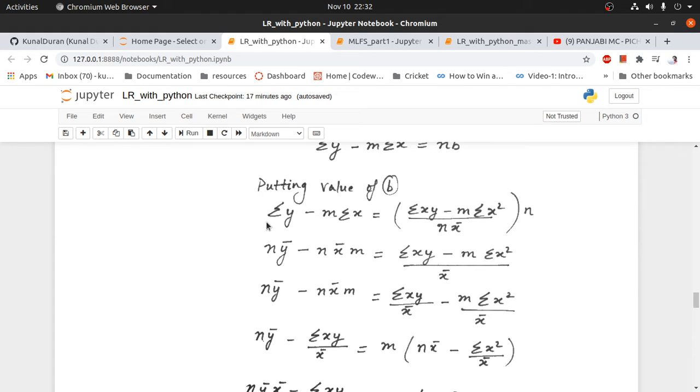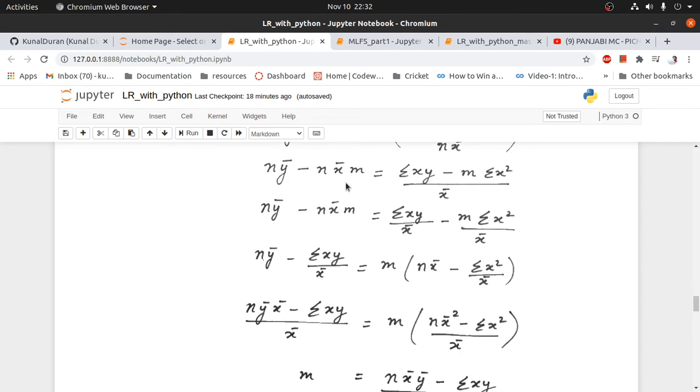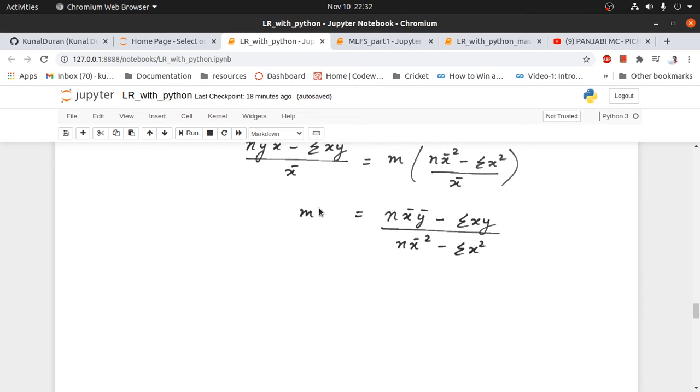So rather than saying 5 plus 15 plus 10, we can say the mean, which is 10, into the total data points, which are 3. So n into y bar, which is the mean. Similarly replacing sigma x with n into x bar. That's what we did here, and by solving this we get this value.